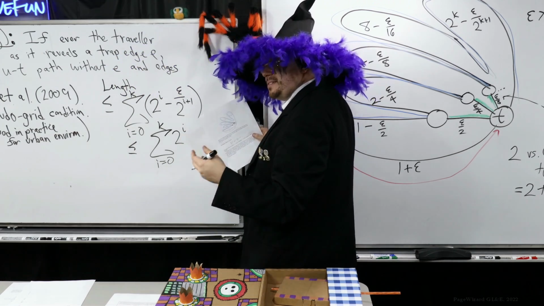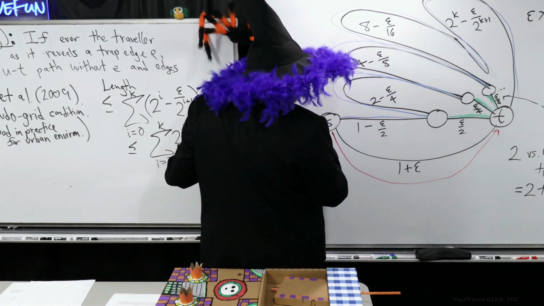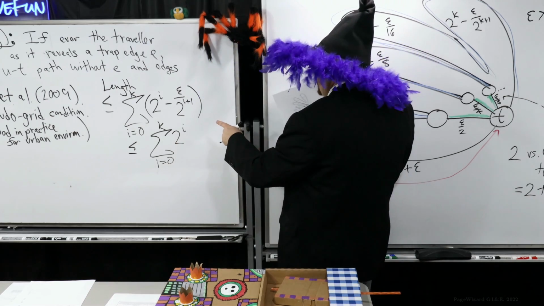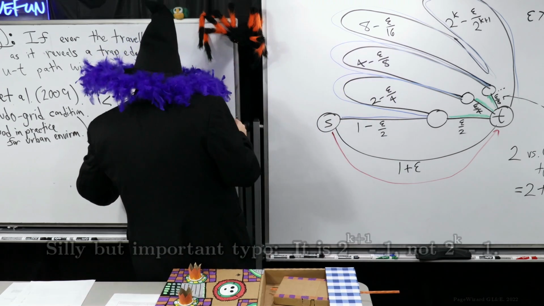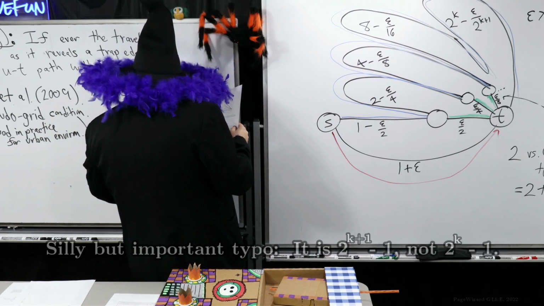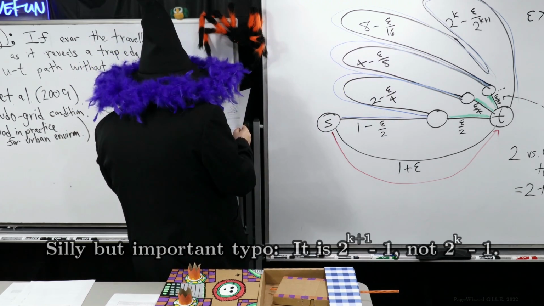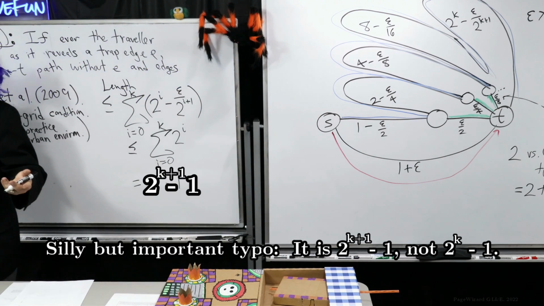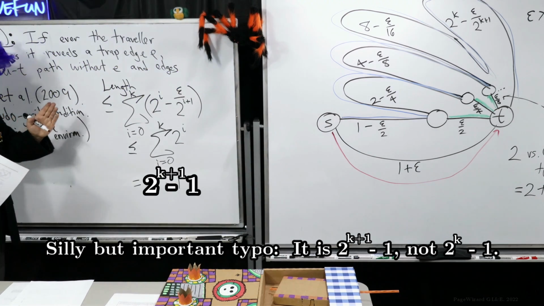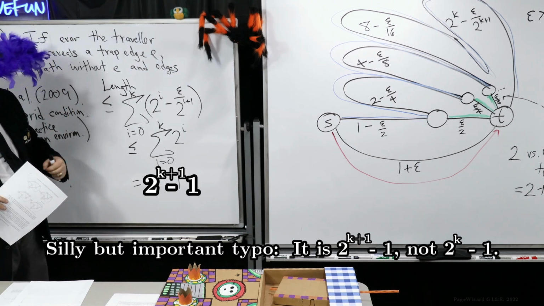geometric series. And there's a nice known closed form for this. It's going to be exactly equal to 2 to the power of K minus 1. And remember, the optimal solution, if you knew where all the trap edges were, that's 1 plus epsilon.